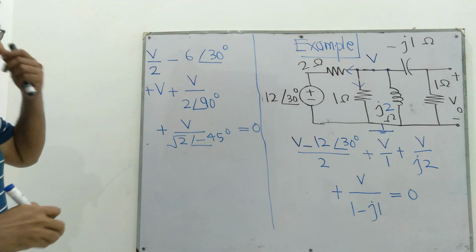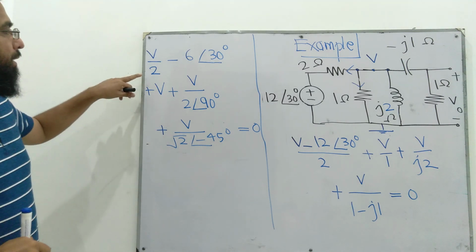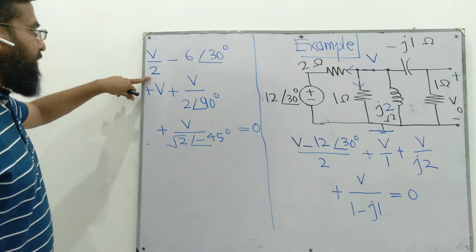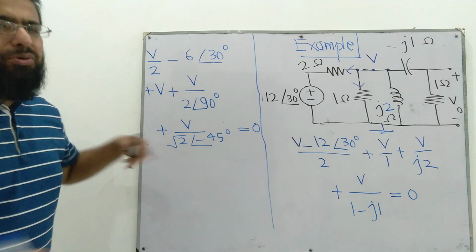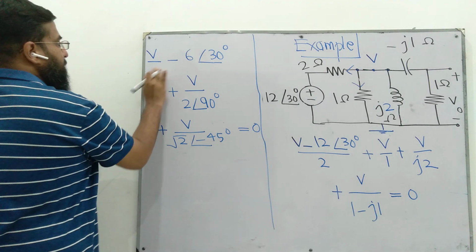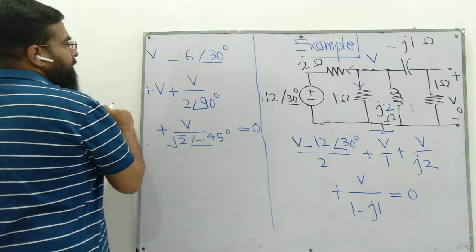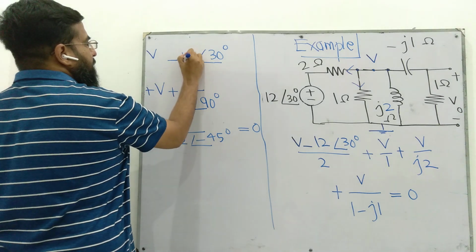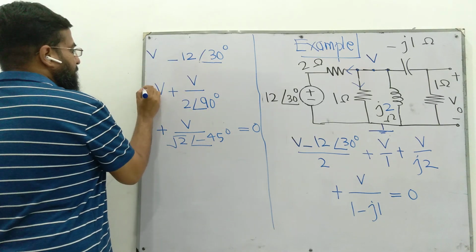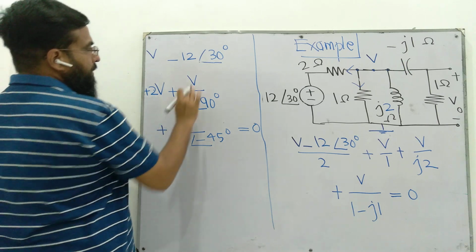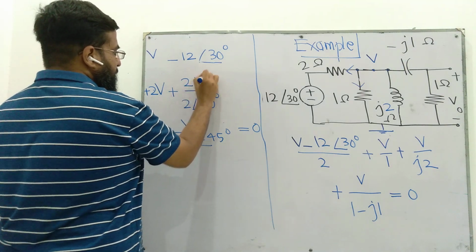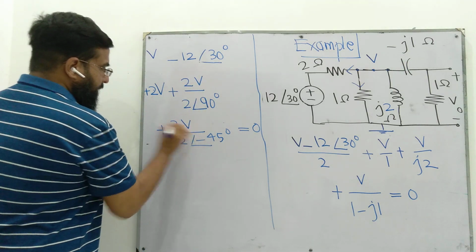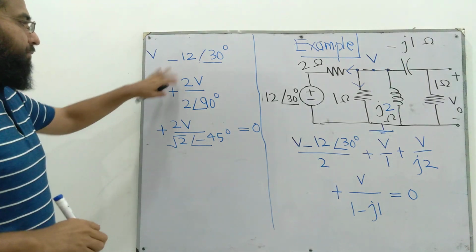In order to get rid of this 2 in the denominator, we'll multiply the whole equation by 2. This 6 becomes 12, and the V terms become 2V. The 2 over 2 cancels.